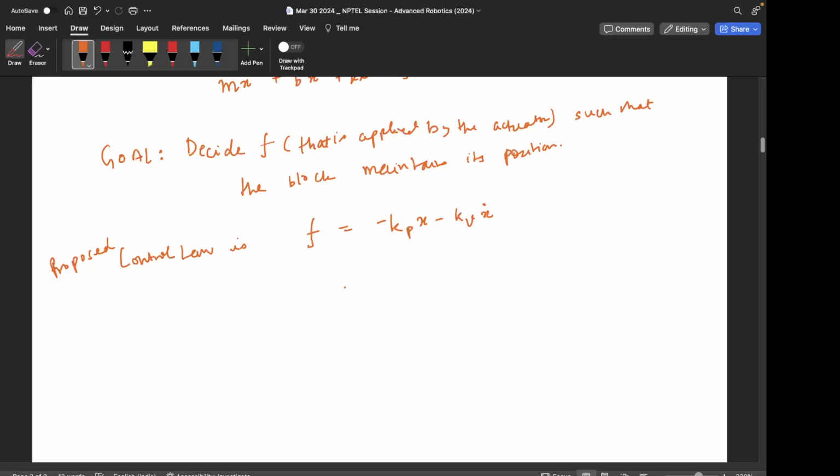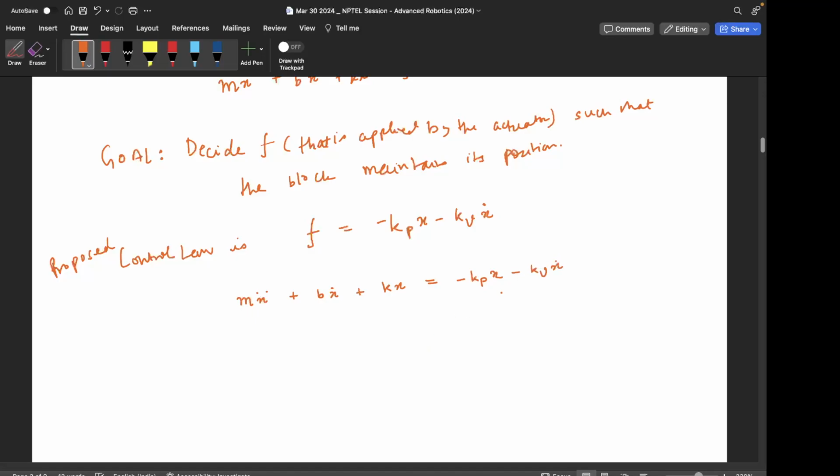So the F will vary like this, right? If we do this, then our original system becomes m x double dot plus b x dot plus k x is equal to minus kp x minus kv x dot, right?